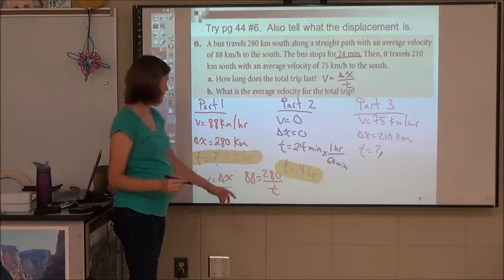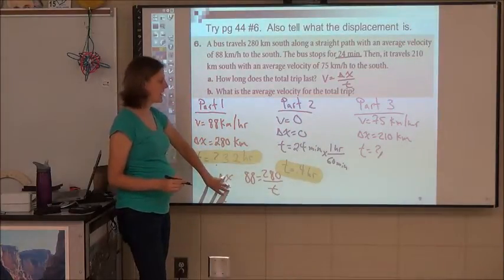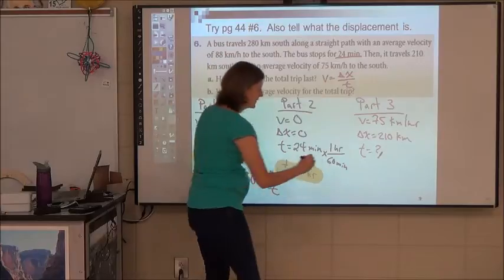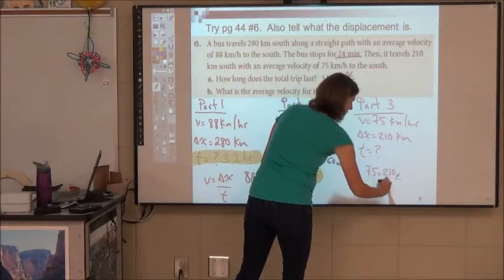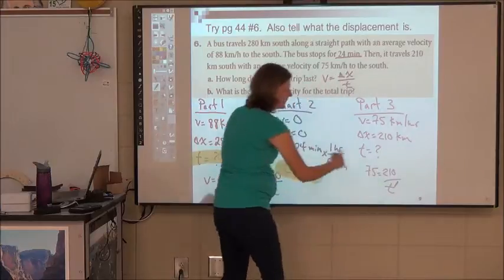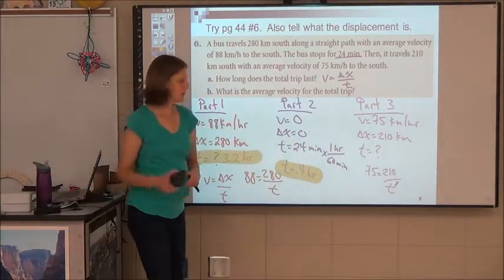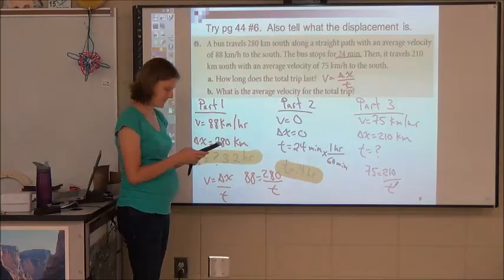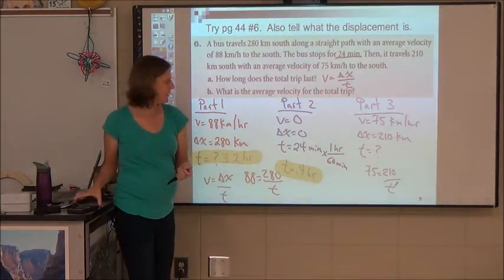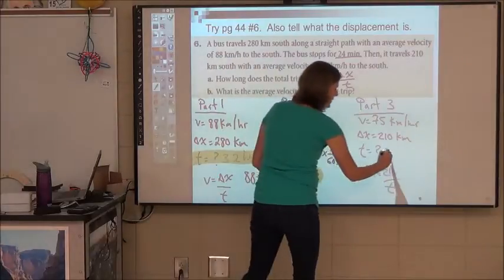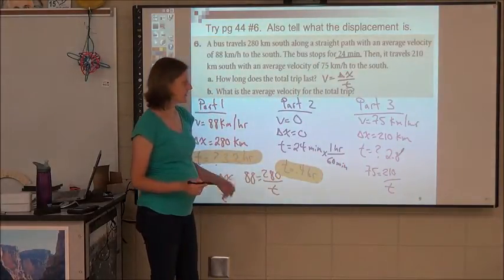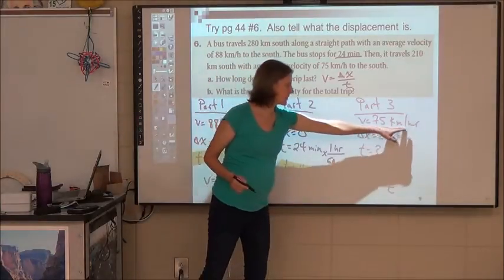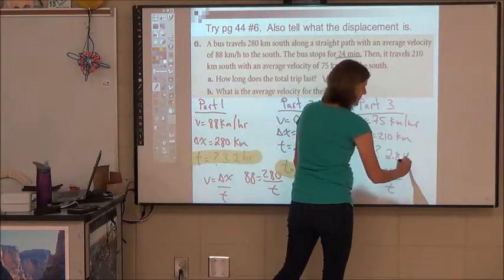Okay, so once again, displacement over time, solve for the t. Basically 210 divided by 75. 2.8. Units there are still hours because, again, this was based off of kilometers per hour.